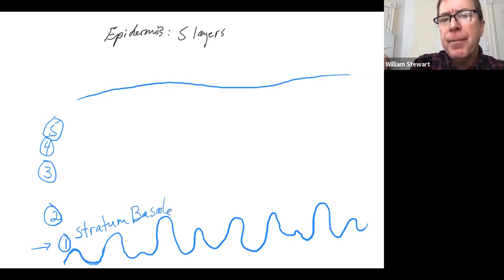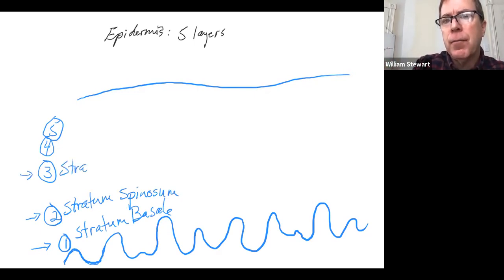I'll talk about that. Above that is the stratum spinosum. Above that is the stratum granulosum.